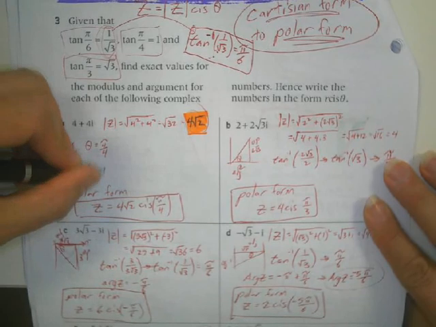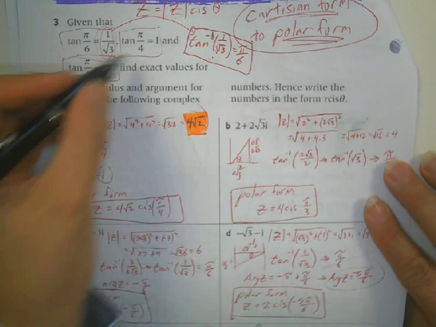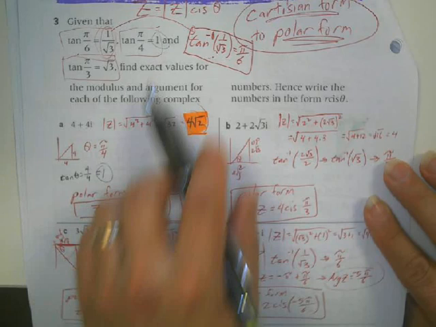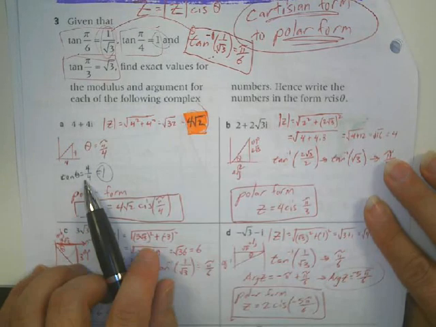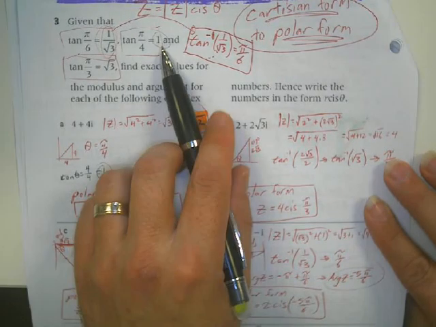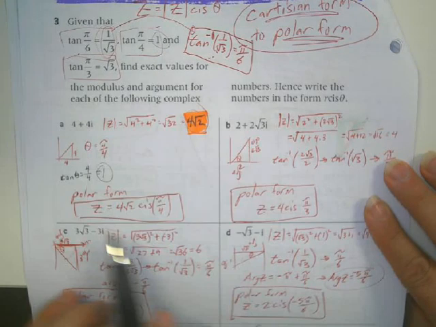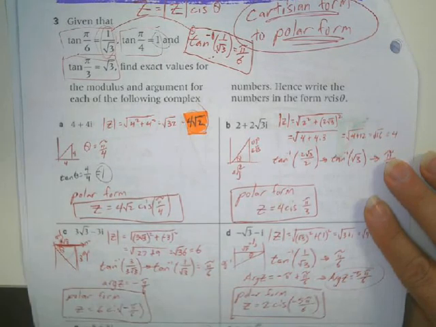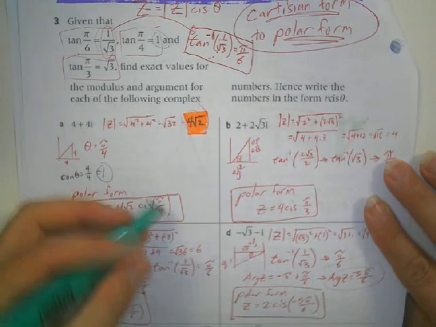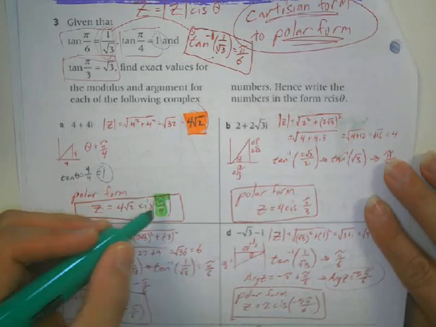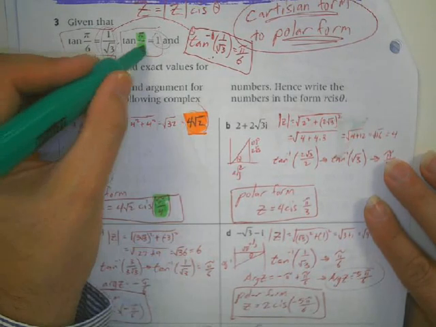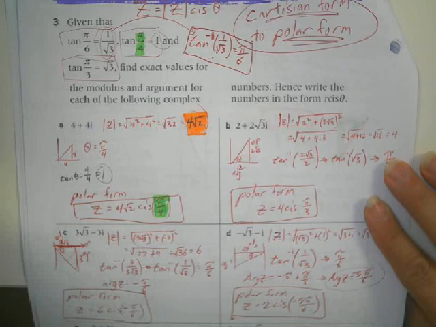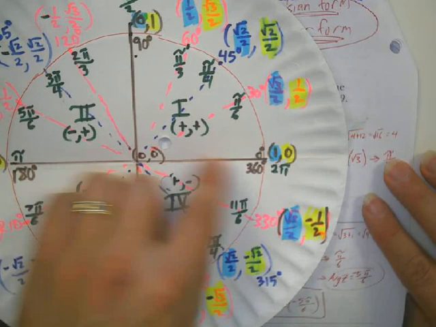And then I'm supposed to see, oh, if tangent theta is equal to 1, then the argument has to be pi/4. And I could also notice that from my unit circle. So pi/4.